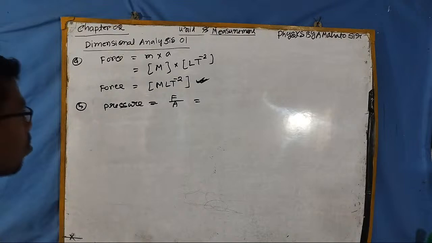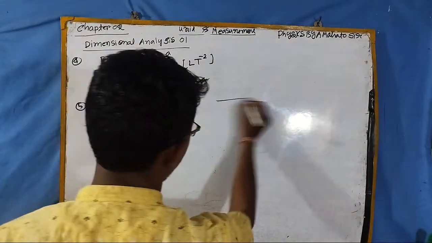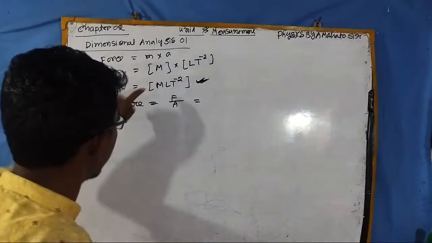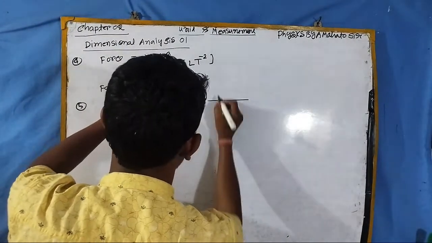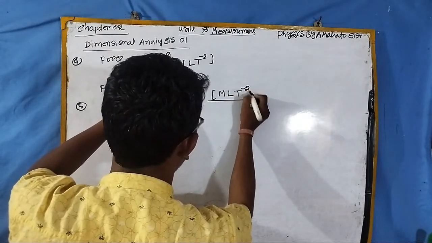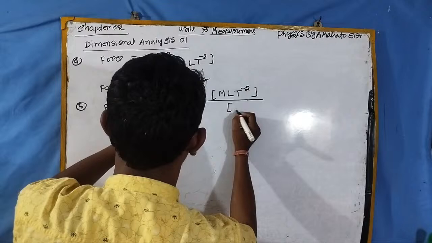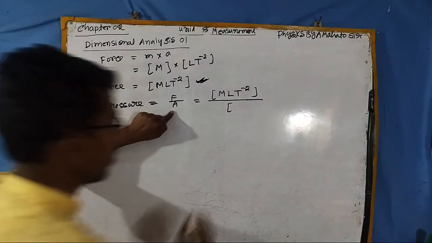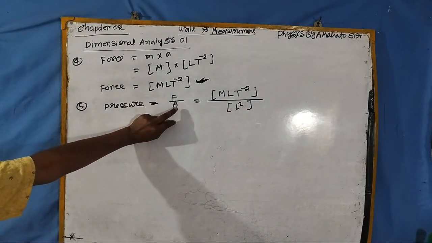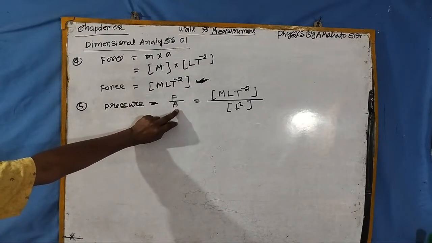That means pressure is F upon A. Force dimension is MLT^-2. The dimension of area is length into length, that is L squared.